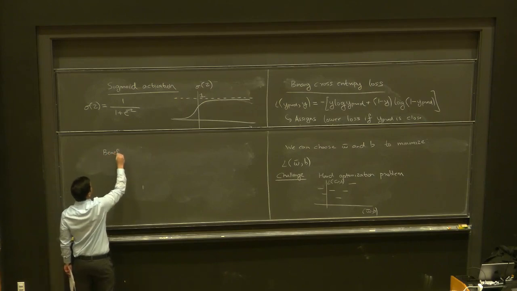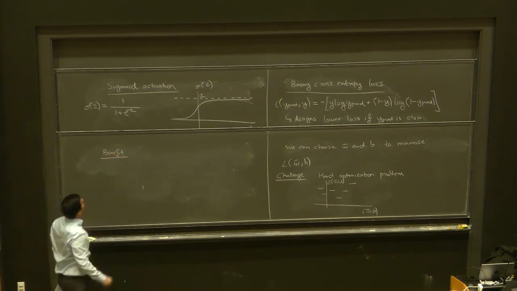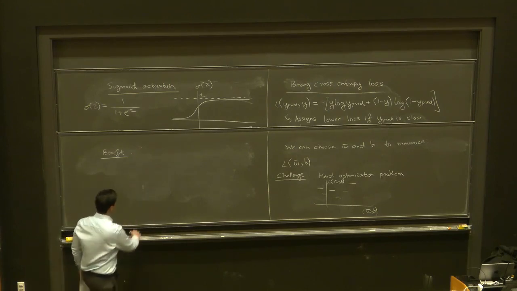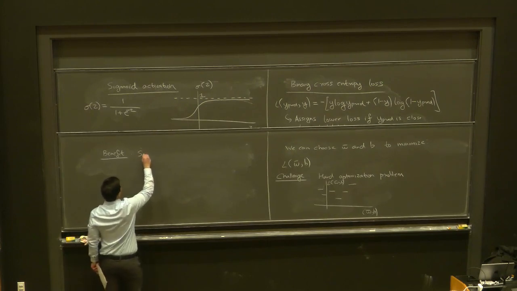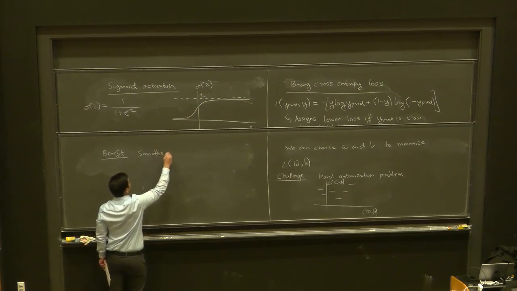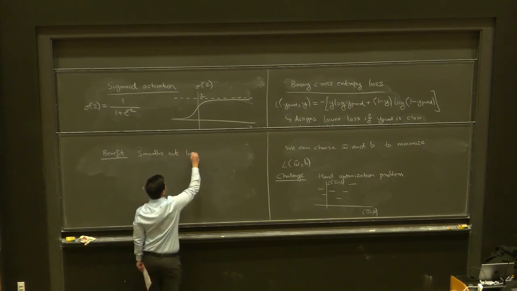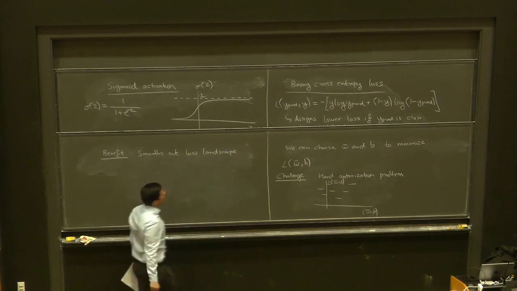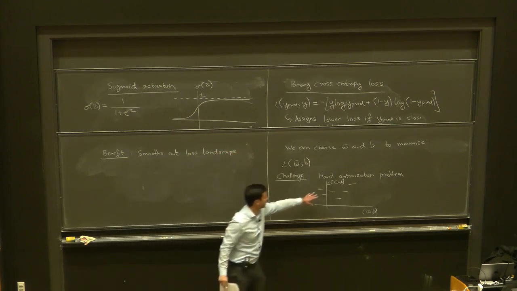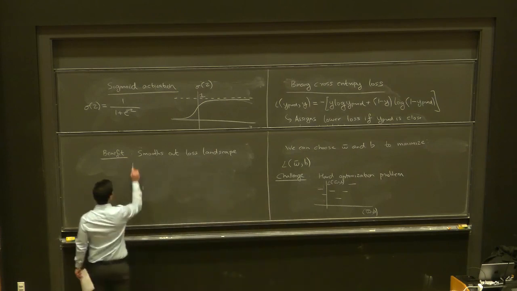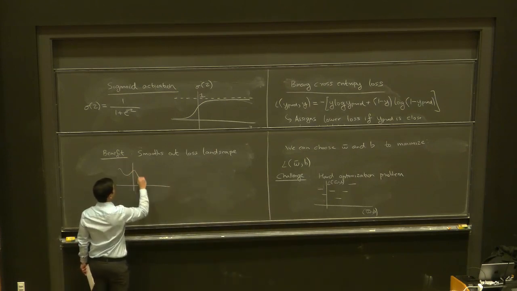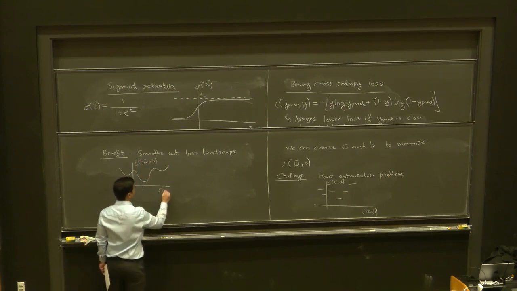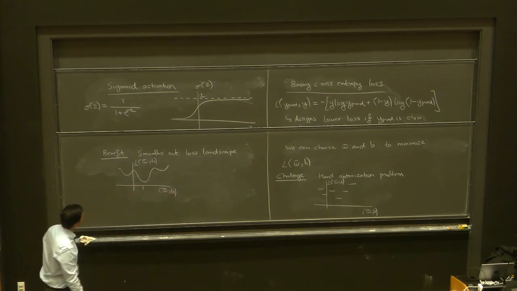The benefit of using the sigmoid activation in combination with the binary cross entropy loss is that it smooths out the loss landscape. So instead of the loss looking like that, it looks more continuous.